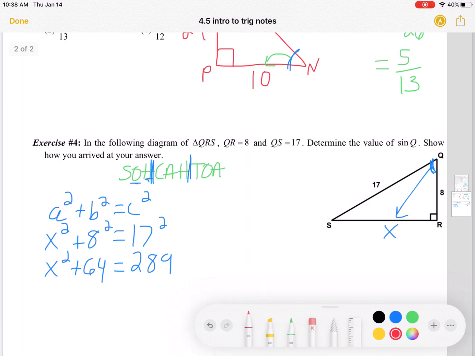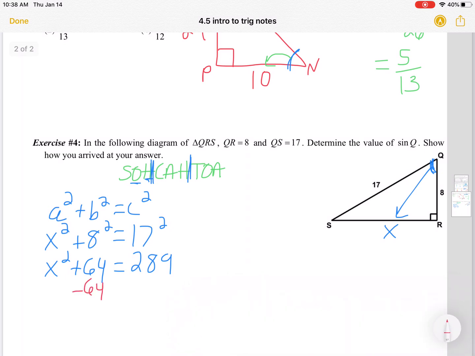After we get this, we're going to subtract 64 on both sides. These are going to cancel, and then we're going to be left with x squared equals 225. And then remember, when we're left with x squared equals a number, we take the square root of both sides. And the square root of 225 is equal to 15.